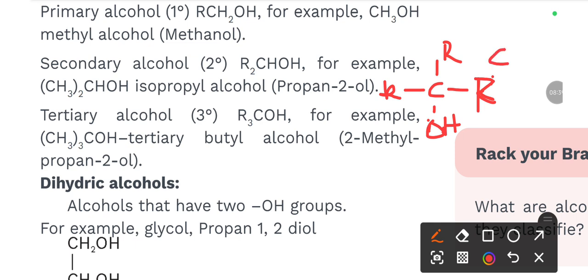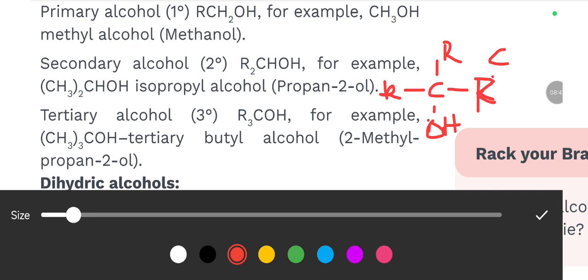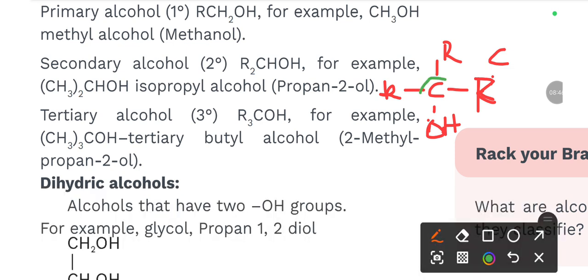So the central carbon about which we are talking, the central carbon to which OH is attached, is further attached to 3 alkyl groups. So this is also called 3 degree or tertiary alcohols.